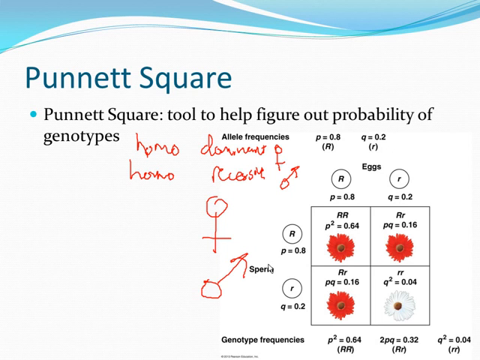Okay, so homozygous dominant, first of all, what's the genotype? Capital R, very good. How about homozygous recessive? Lowercase, very good. And if we draw a Punnett square here. Okay, this child here will be what genotype?